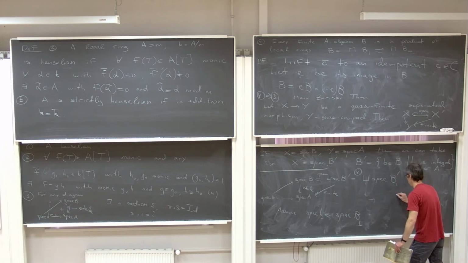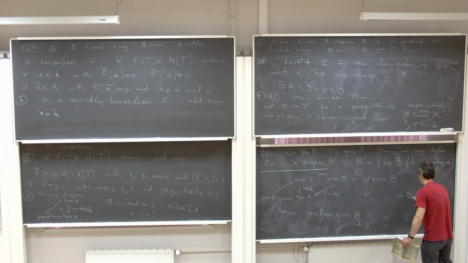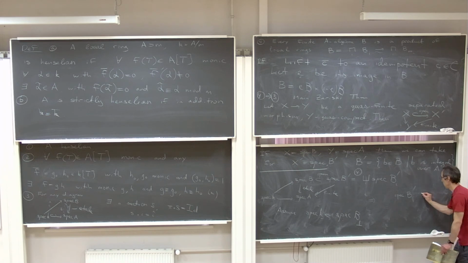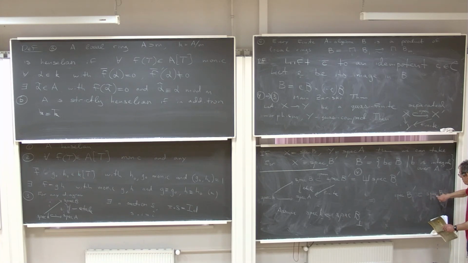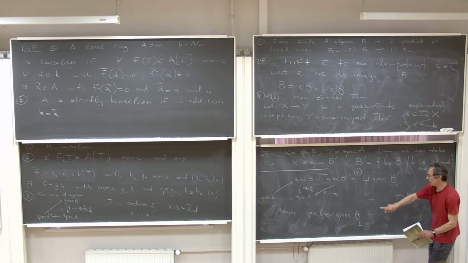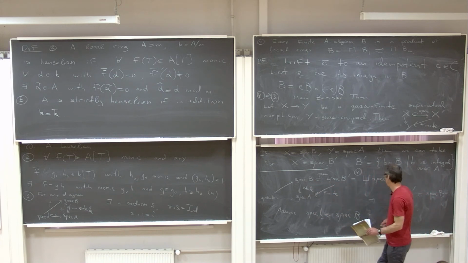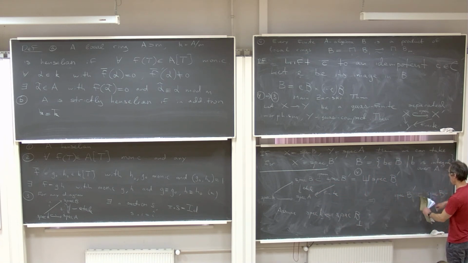So that means that Spec B1 prime actually sits inside Spec B, right? Because Spec B contains this Spec K, and this is open.